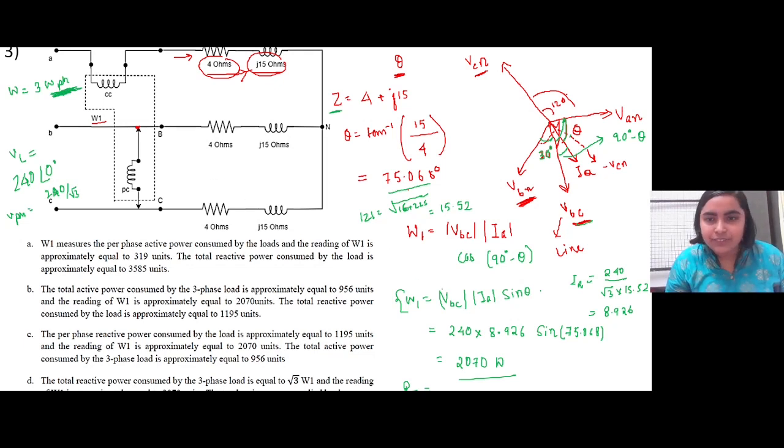Since we are using line current instead of phase current, whatever power we get here will be root 3 times W1.